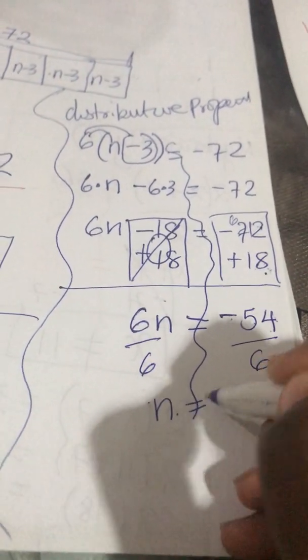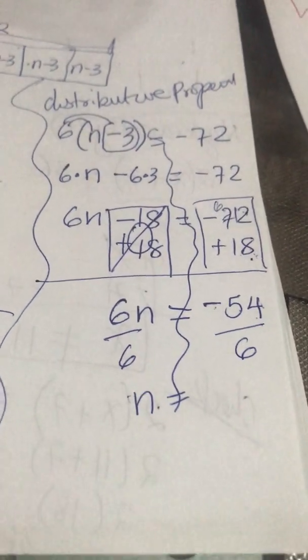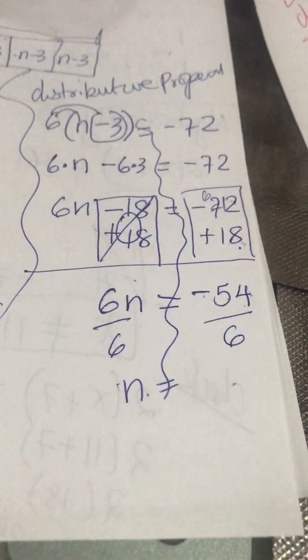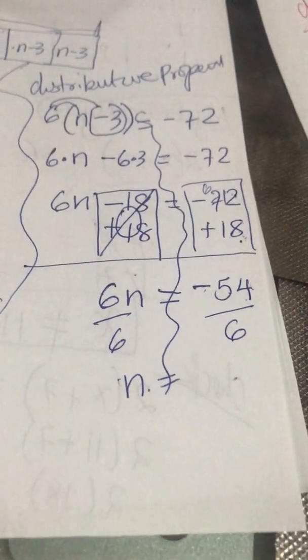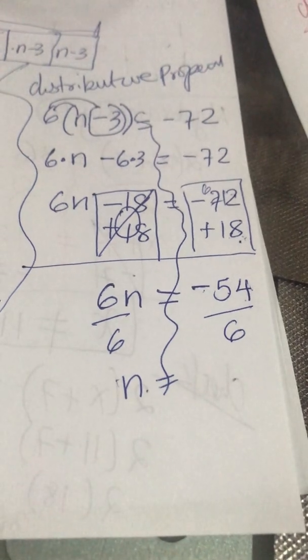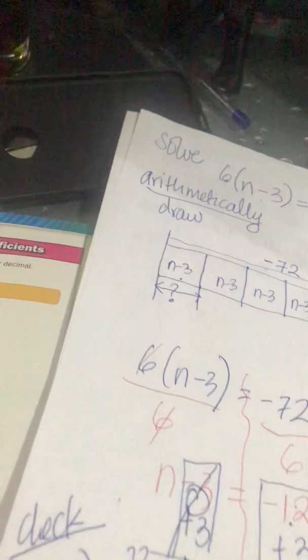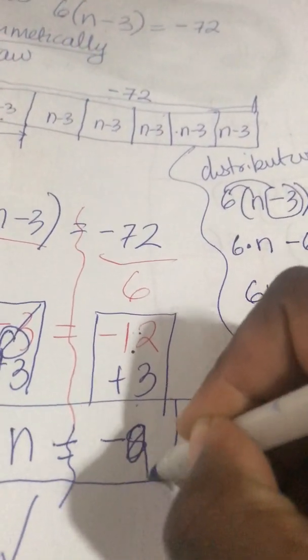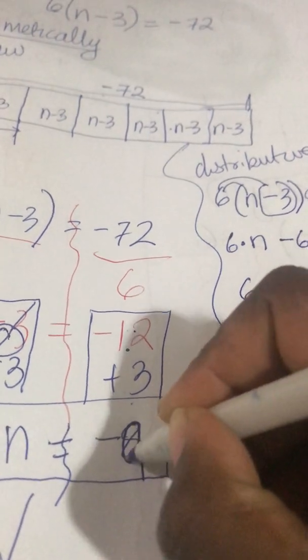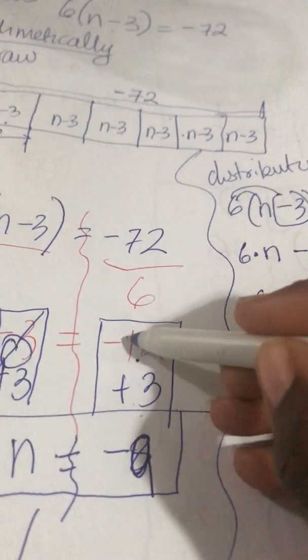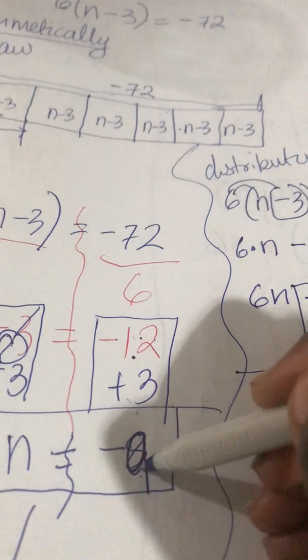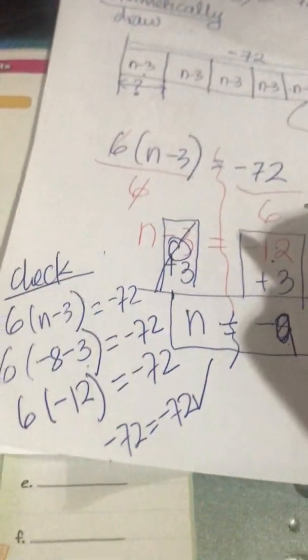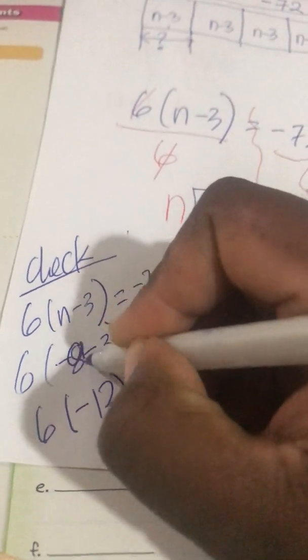I think I did something wrong. I don't know. Wait. Oh, yes. So this is 9, not 8. Negative 12 plus 3 should give me negative 9. Negative 9.